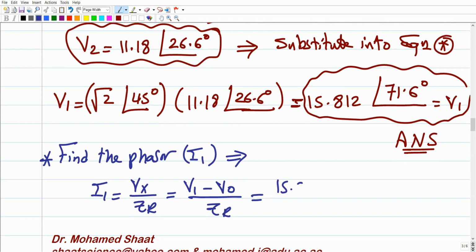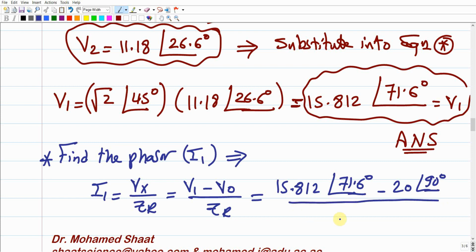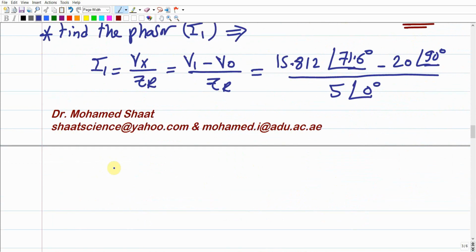V1 we got as 15.812, and the angle is 71.6 degrees, and this should be minus V0, which is already given as 20 angle 90. This is V0, which is Vs, and this should be divided by 5 angle 0, which is ZR. Then your objective is just to do the calculation.